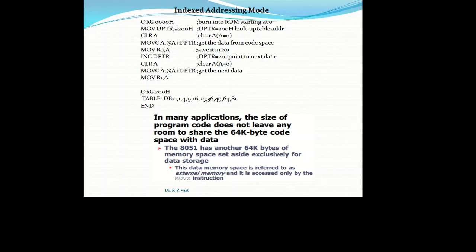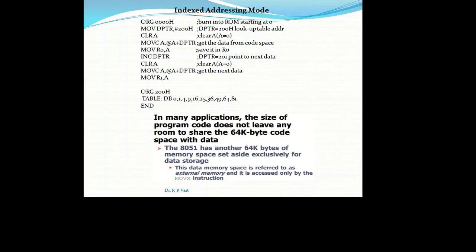If you see below ORG 200H, there is one table in which data bytes are saved: 0, 1, 4, 9, like that. At memory location 200H the data is 0, so that will get copied into the accumulator. A will have the data 0.